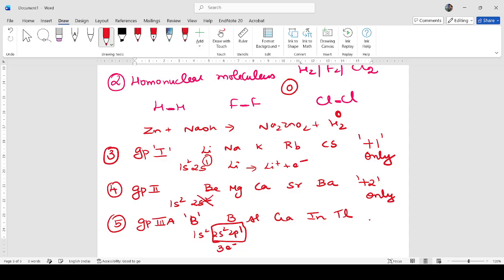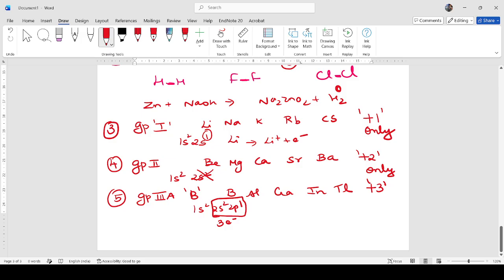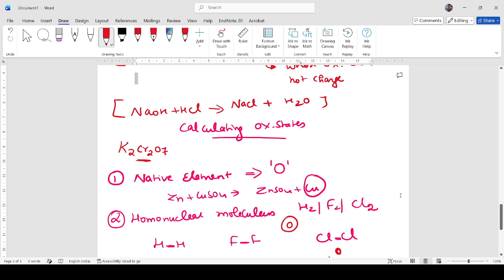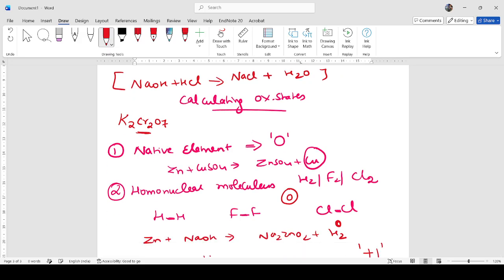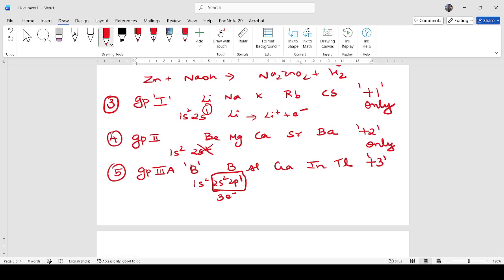So basically the boron family shows +3. But thallium, we will do this when we do periodic properties further; as of now just remember that thallium's very stable configuration is with +1. Other than that they all show +3.